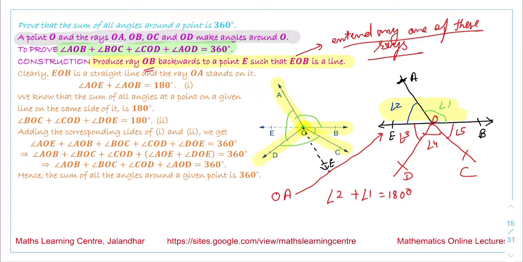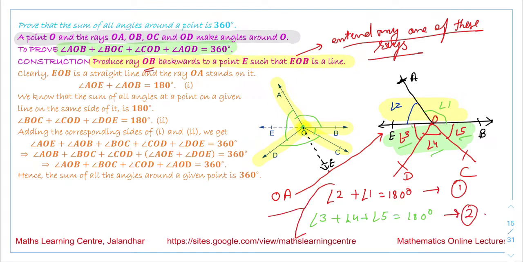Similarly, angle 3 plus angle 4 plus angle 5 is also equal to 180 degree, because these three angles also lie on the same line EB. So we are having two equations now. This is equation number 1 and this is equation number 2.